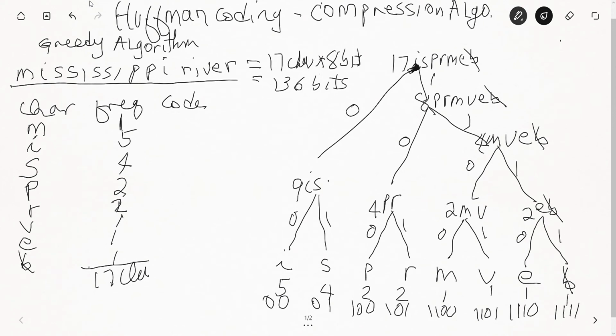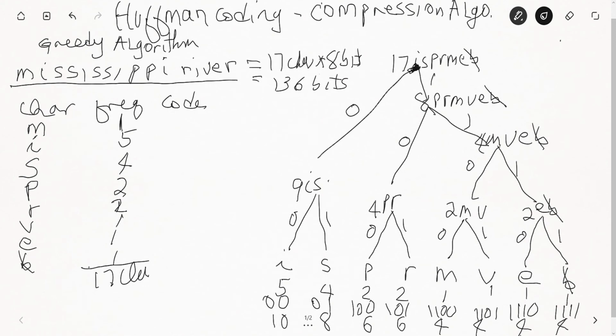So now if I add these up: 5 I's, 2 bits each, that's 10. 4 S's, 2 bits each, that's 8. 2 times 3, that's 6. And this is 2 times 3, that's also 6. This is 1 frequency at 4 bits, and this is 4 bits, this is also 4 bits, and this is 4 bits.